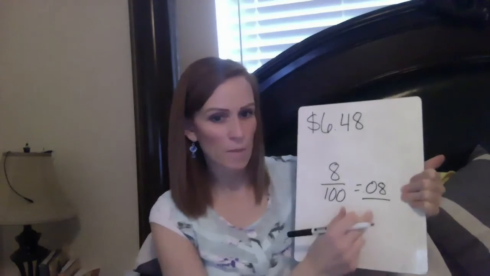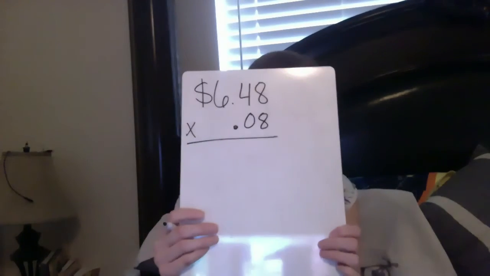So we're going to multiply that by 8%. We just talked about in Math 65 how to multiply this. So we know we don't have to line up our decimal points. It doesn't matter. And this one, it actually does line up. So it looks like this.